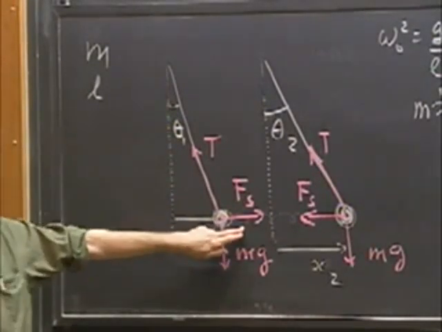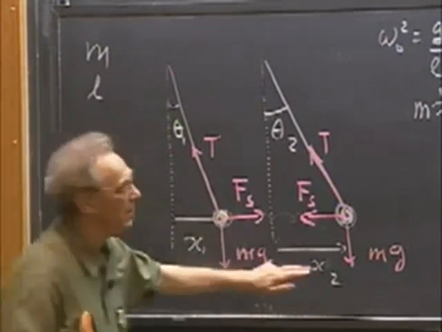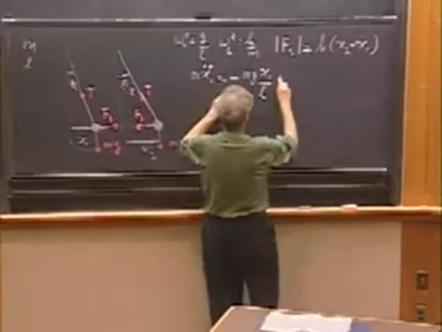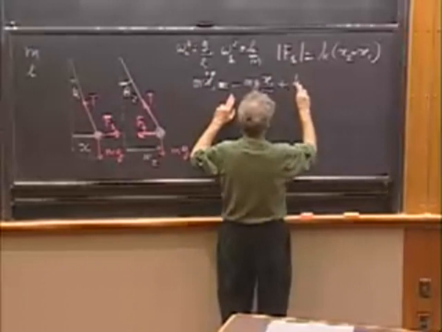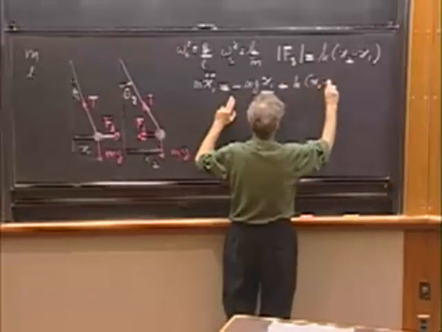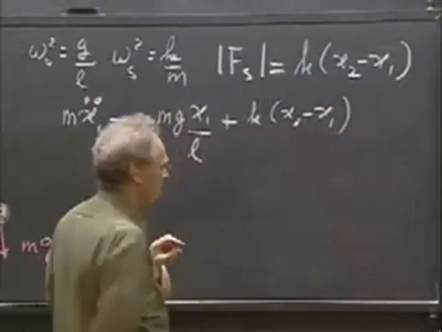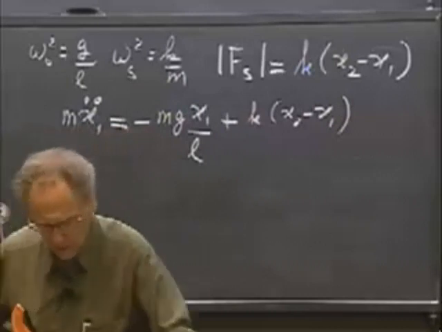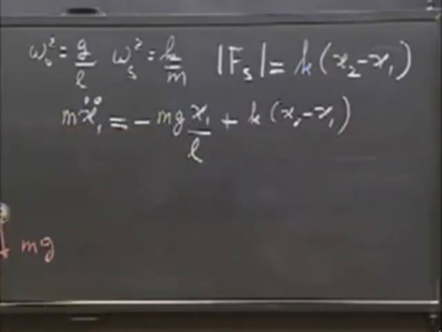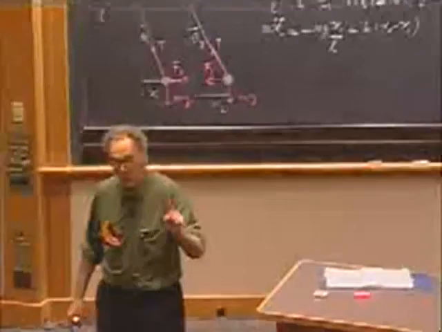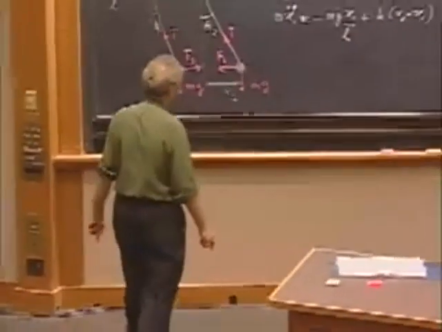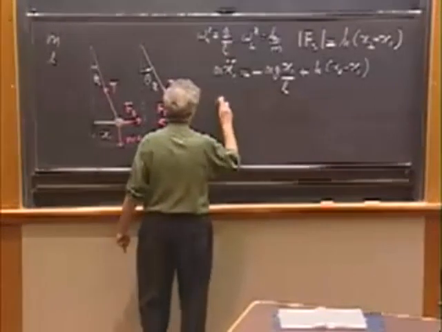Fs, the spring force, is driving it away from equilibrium. So it's going to get plus k times x2 minus x1. So look at this. Signs are very important now. Very important.